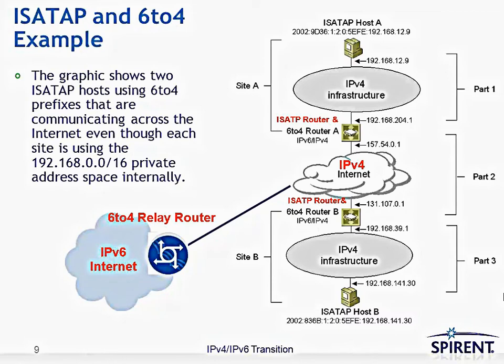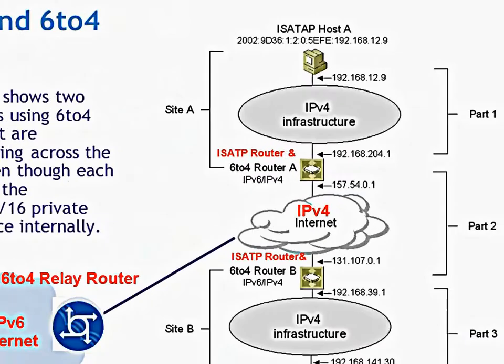So here we have an example of using the two techniques, both ISATAP for intra-site and 6-to-4 to route between sites over the global IP version 4 internet and even to the IP version 6 internet through a relay router as described before.